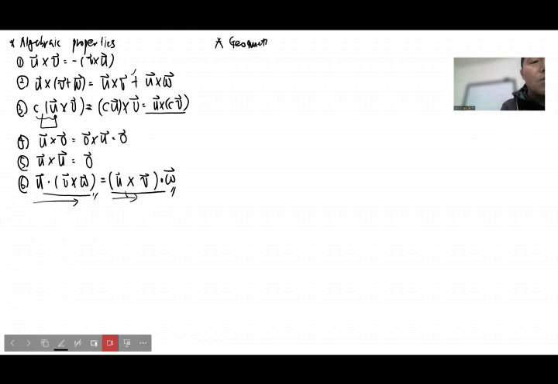Geometric properties. So number one, geometric property of the cross product. Normally, the cross product is orthogonal to both the u vector and the v vector.